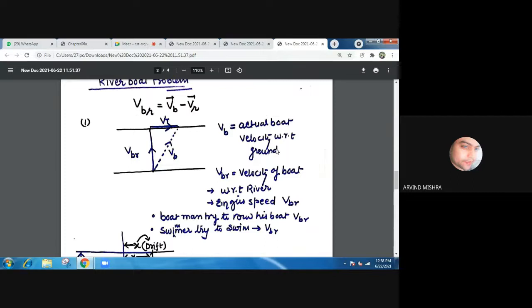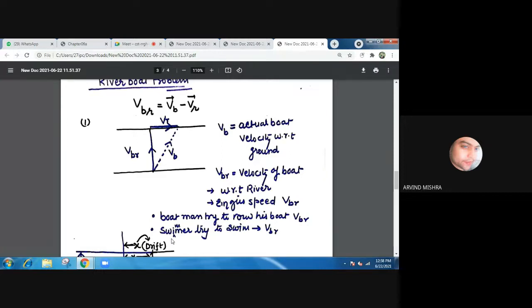So what is VBR then? It is the velocity of the boat with respect to the river. Sometimes it is given as engine speed, and engine speed is also considered as VBR. Sometimes the question says the boatman is trying to row his boat. Kindly look at those statements. By which velocity will the man row? It will be VBR only.